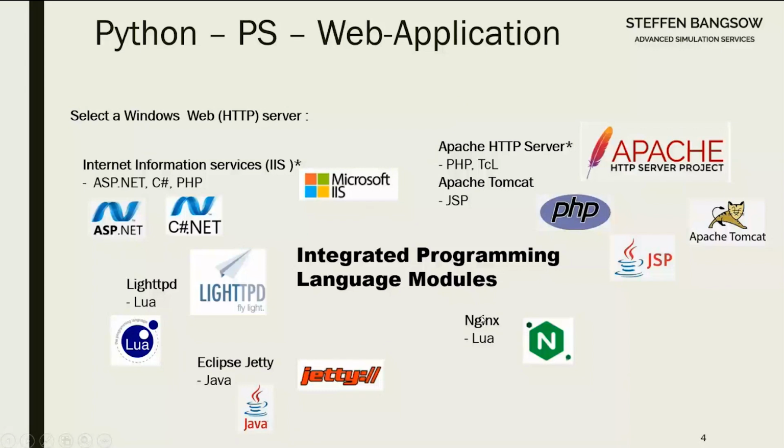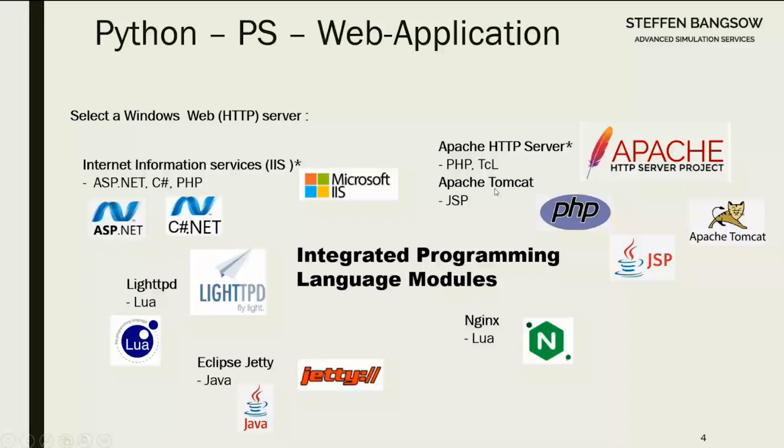And then we have some newer HTTP servers, the Lighttpd, Jetty and Nginx. Each of these web servers has one or several integrated programming languages. For the Internet Information Services, it is ASP.NET or C#.NET or PHP. For the Apache server, it's PHP and TCL.